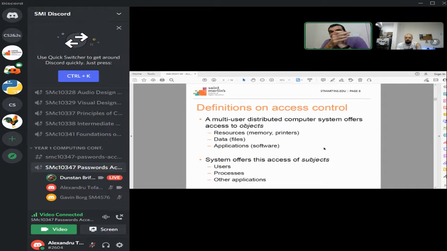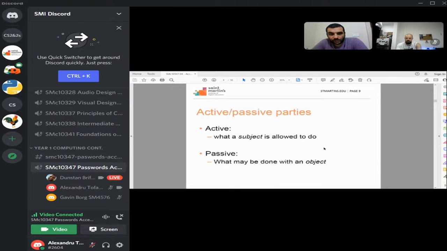Subjects, most of the time, are people requesting access to something. We tend to refer more to people, but keep in mind all the time that we could also be dealing with processes, for example, or another form of application. So, subjects and objects.